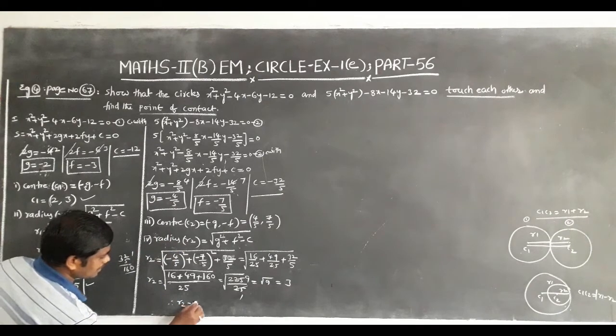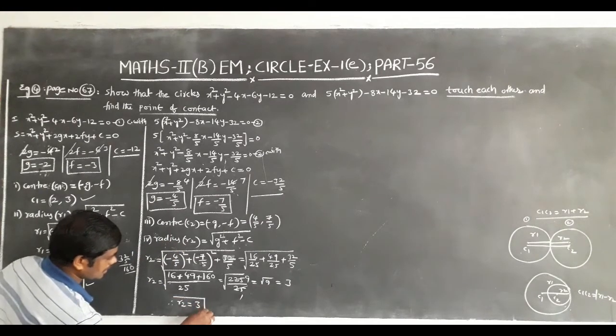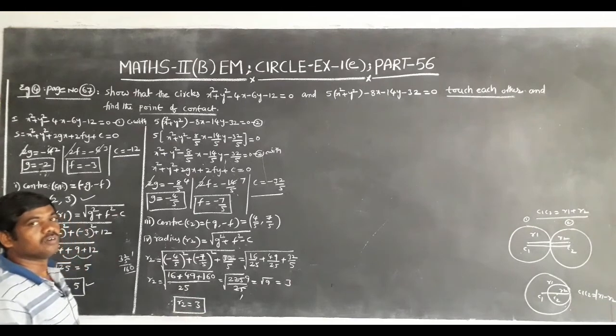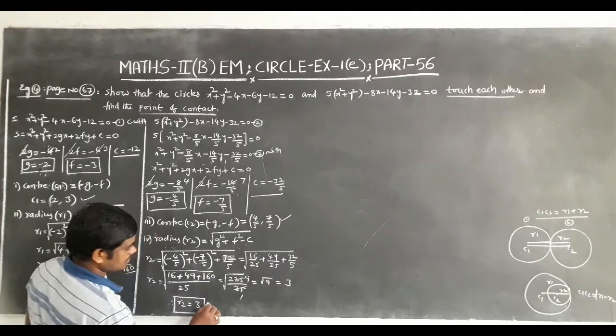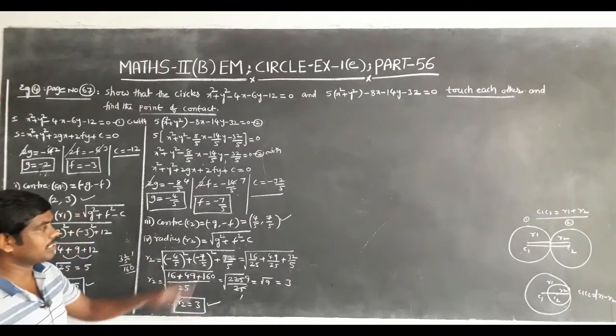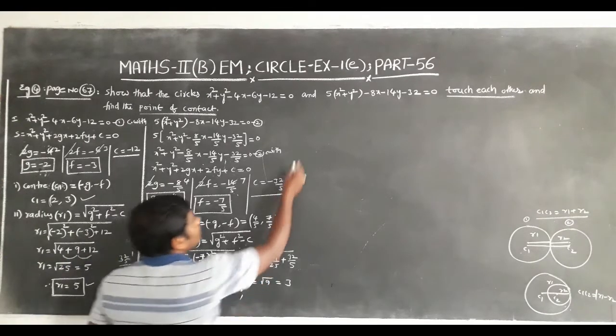Therefore radius of the second circle R2 is equal to 3. This is the center, this is the radius of the second circle.